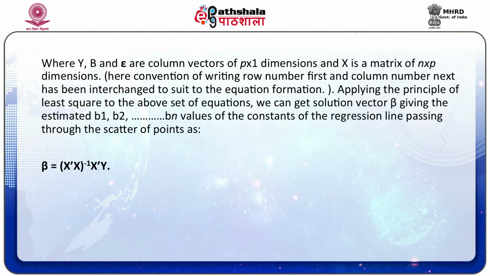Applying the principle of least square to the above set of equations, we can get solution vector beta giving the estimated b1, b2 and bn values of the constants of the regression line passing through the scatter of points as beta is equal to (x prime x) inverse x prime y.